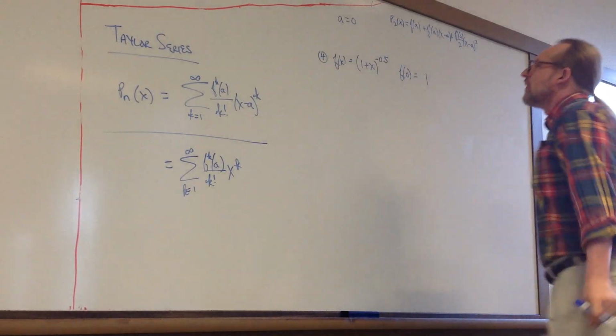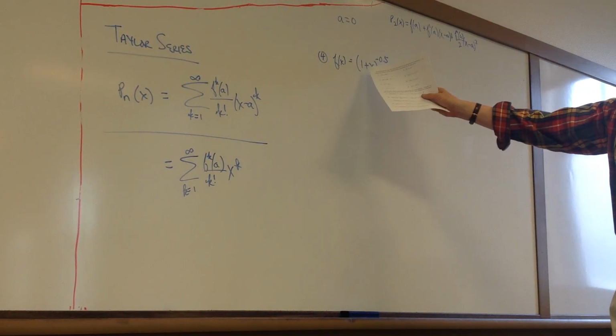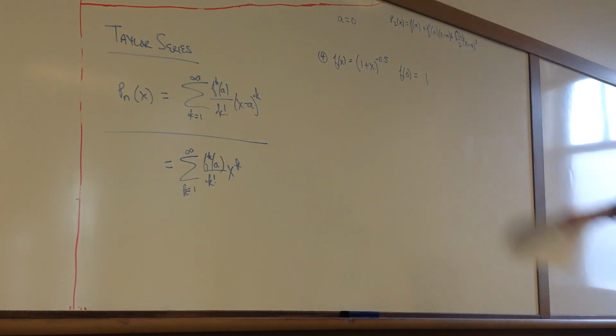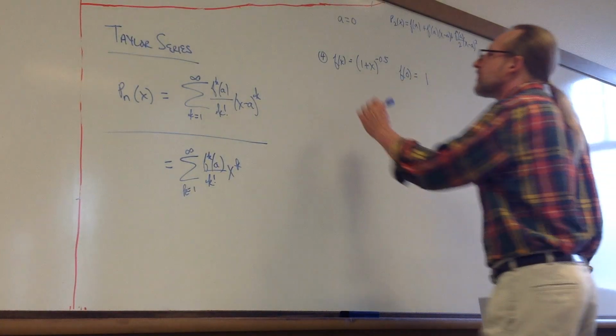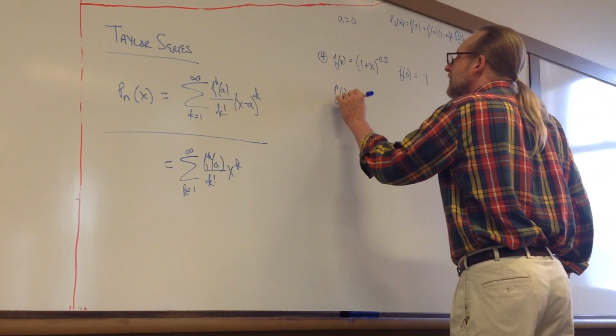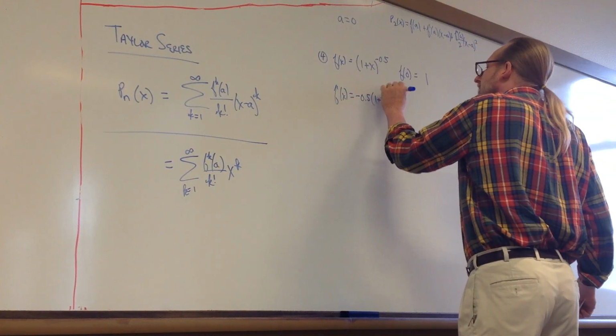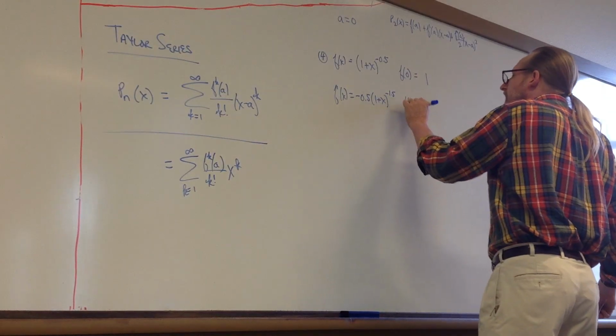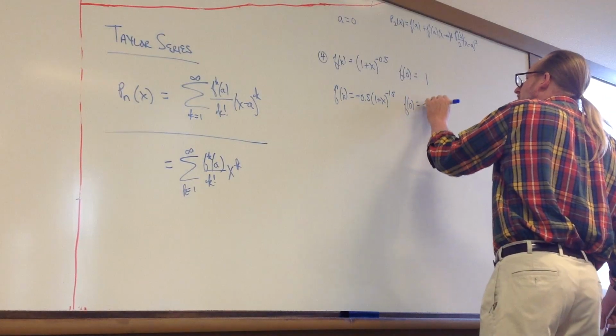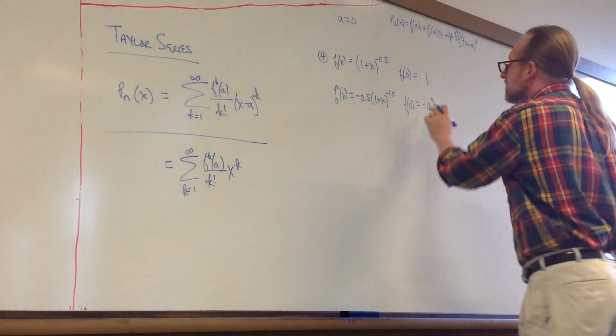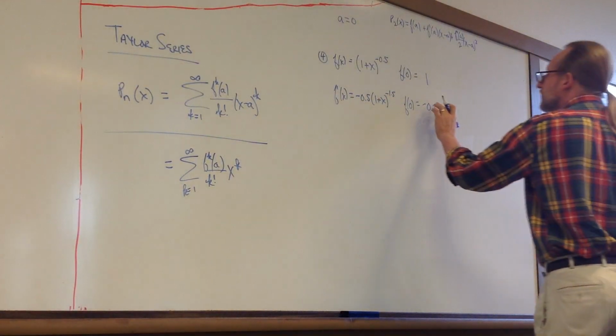That's going to be 1, because this is just 1 plus 0 to the negative 1/2, still 1. Our first derivative is negative 1/2, 1 plus x to the negative 1.5. If we plug in 0, we get a 1 here times negative 1/2, equals negative 1/2.